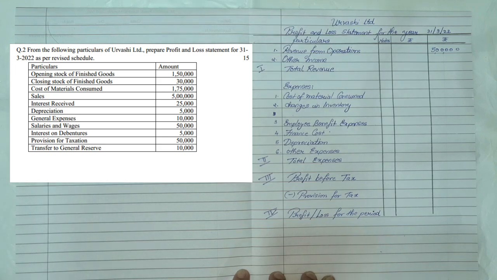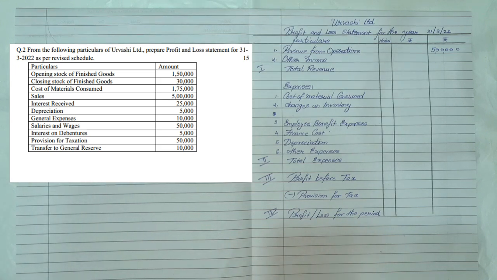Okay, that's the very first thing. Next, other income. Let us check what all other income we can put. If you can see, we have interest received. That is one income which I can see. Other than that, salary, interest on debenture. Interest on debenture is an expenditure, so it's not an income. So there's only one income which has been received, that's interest received. I can directly write it, we don't need to prepare a note because there's only one single entry.